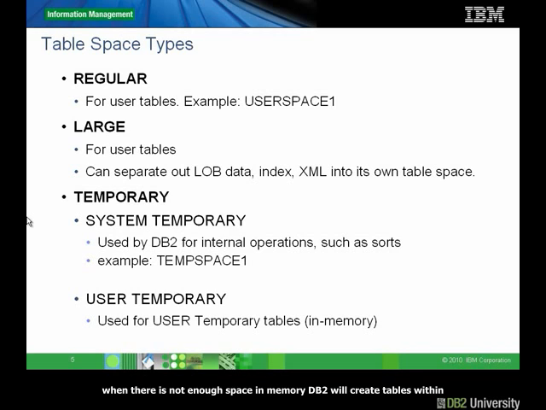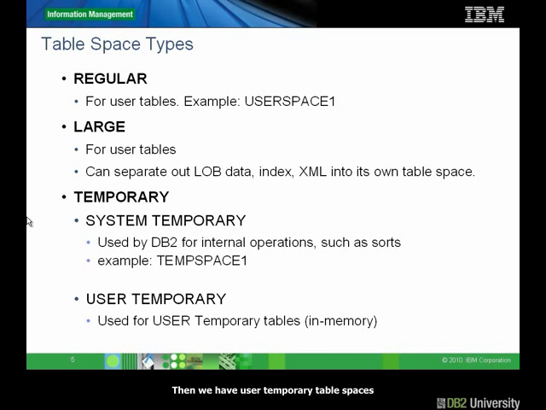When there is not enough space in memory, DB2 will create tables within this system temporary table space to finish its calculations. Once it finishes with these calculations, it will delete the tables. So for example, DB2 may do this for sorts, joins, or for other DB2 internal operations.